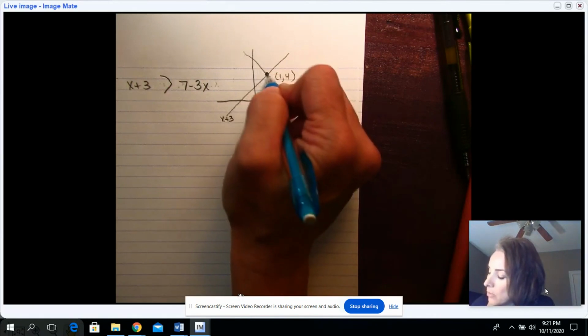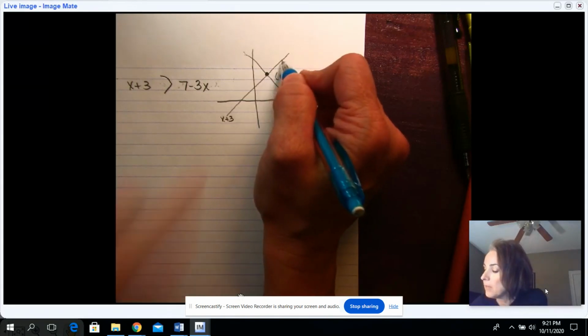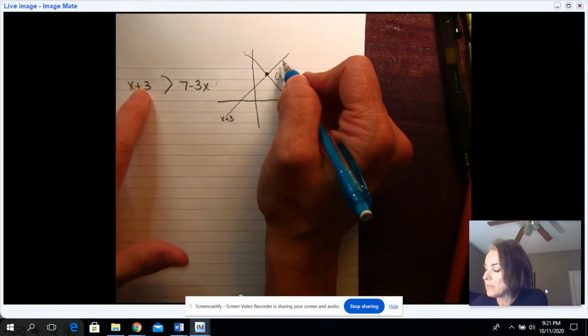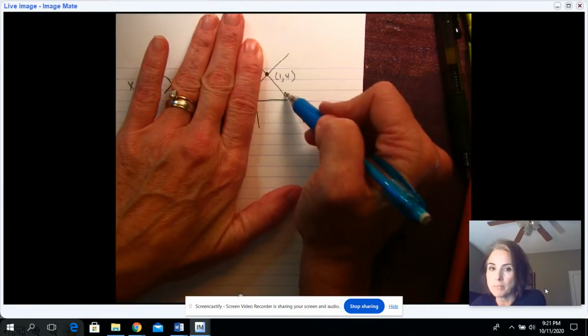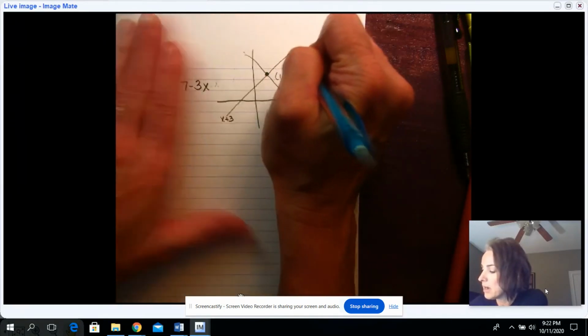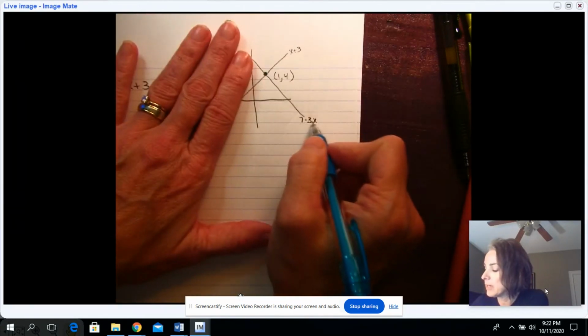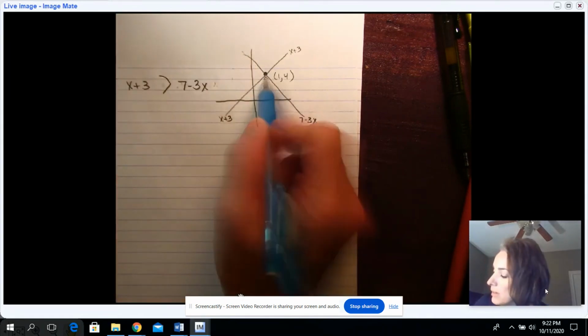So here they're equal, and then from 1 on, when x is greater than 1, this graph is bigger than this one. Then this graph is on top and this one's on the bottom. So the x plus 3 is on top and the 7 minus 3x is on the bottom when x is greater than 1.